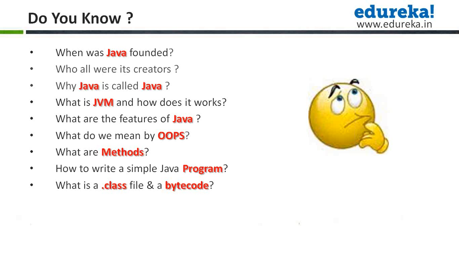Ahmed says, why is Java called Java? Java is actually named after an island. Ahmed, does that answer your query? Please write down on the chat window. Okay, Ahmed says thanks.